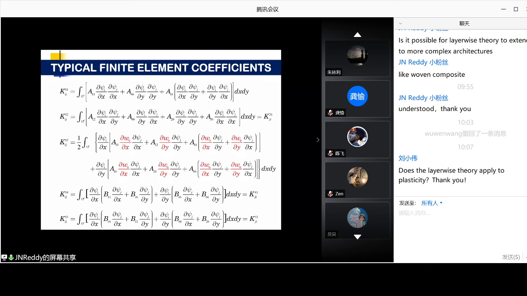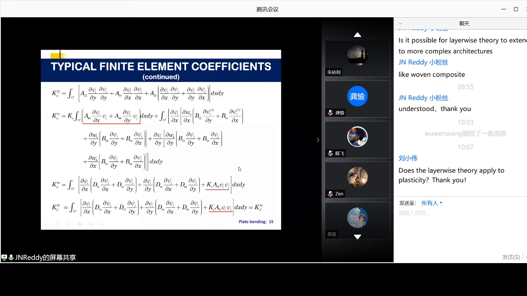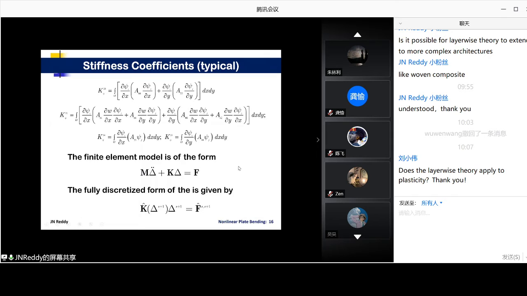Then you use the linear solution to evaluate the K stiffness matrices, that means the nonlinear terms, and then solve for the nonlinear solution from the second iteration onwards. I'll explain a little bit more in coming slides. So these are just showing you the stiffness matrices.